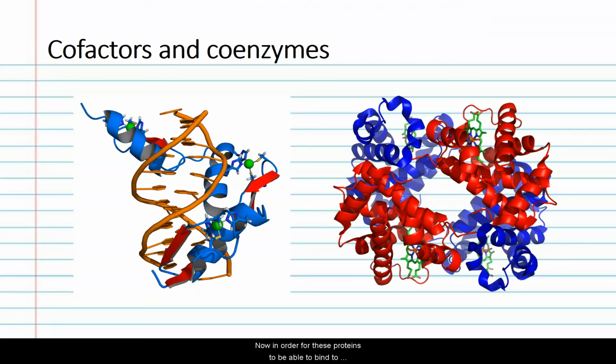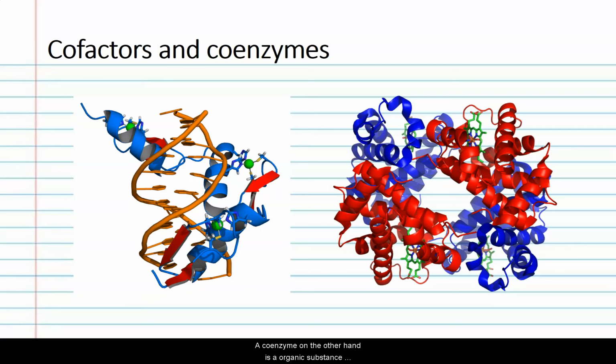In order for these proteins to bind to DNA and interact with it, they have to have zinc as part of the molecule. Zinc ions are positively charged. DNA is negatively charged, so it enhances the interaction between the enzyme and its substrate. Zinc is an example of a cofactor. It's an inorganic substance that is necessary for the activity of an enzyme.